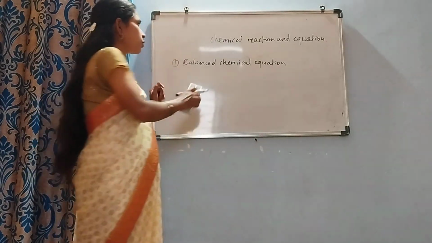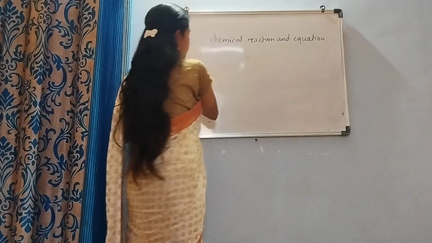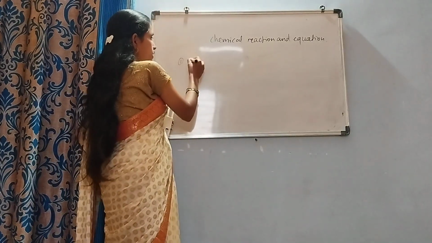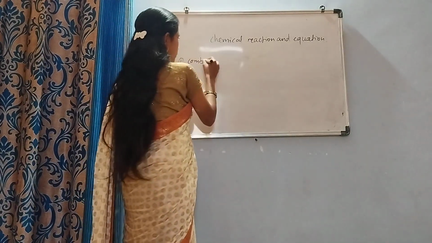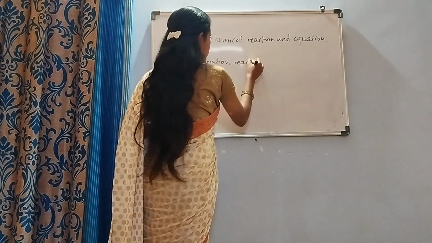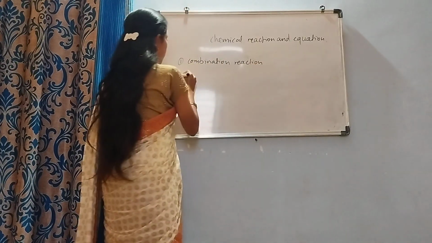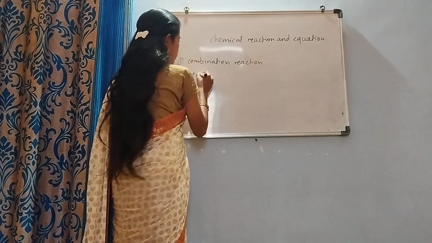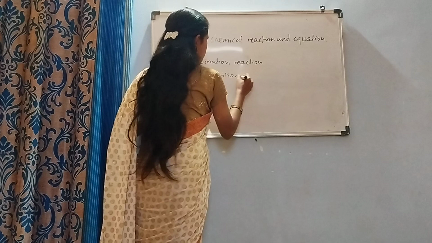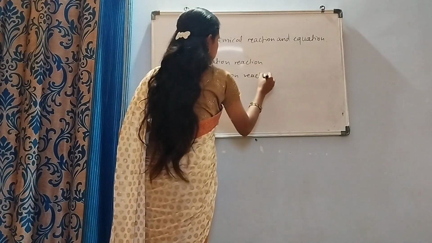So how many types of chemical reactions are there? There are 5 types of chemical reaction. One is combination reaction. Second one is decomposition reaction.